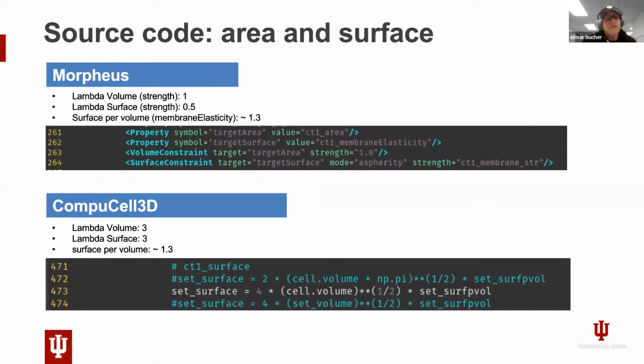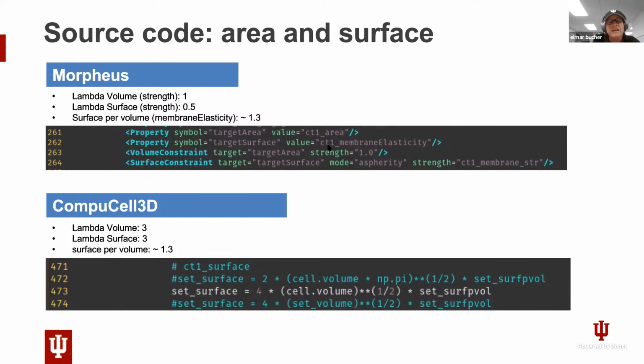Sorry. So then we come to the area and surface implementation. Mainly, they had an area, that is the cell volume, that they implemented, and they specified a lambda for the volume of 1 and a lambda for the surface of 0.5, which is very, very soft and weak. So we just took 3 for both of them in our implementation.